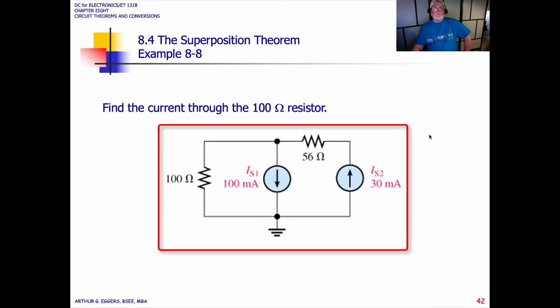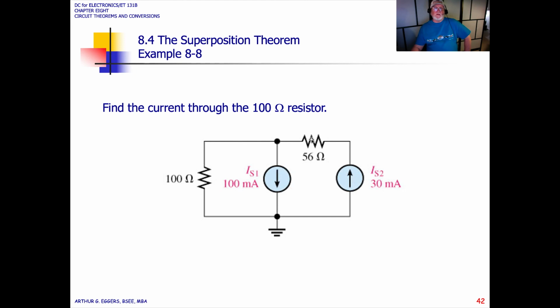And this one, find the current through the 100 ohm resistor. Now we have two current sources, 30 milliamps and 100 milliamps. We've got a 56 ohm resistor and a 100 ohm resistor.